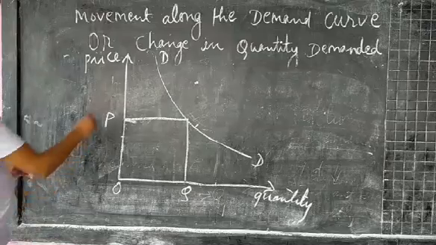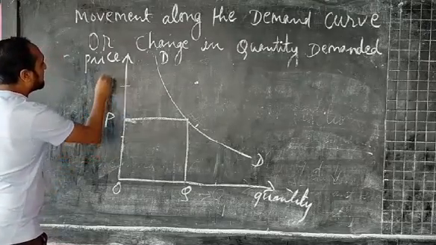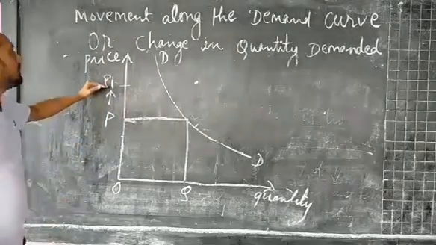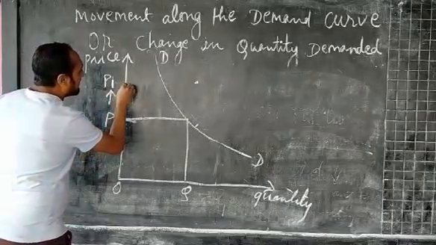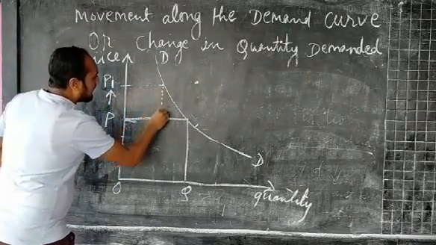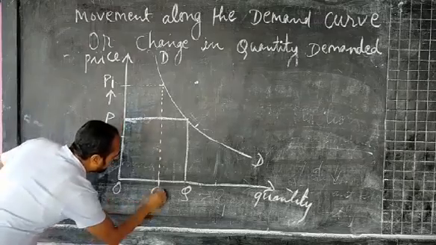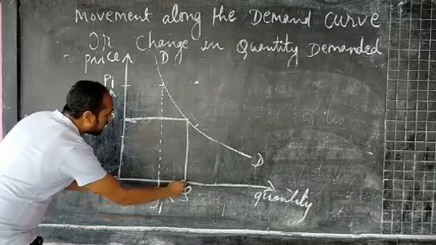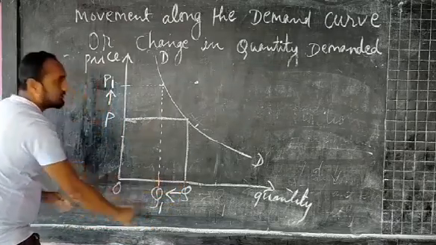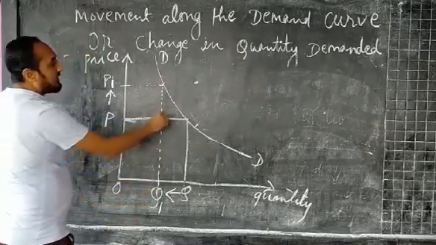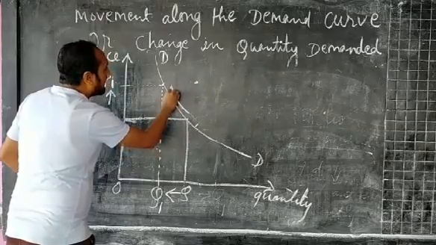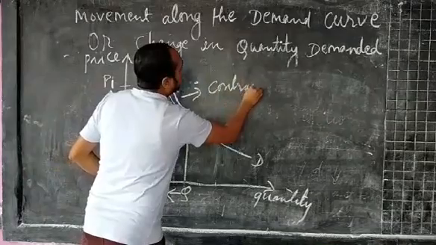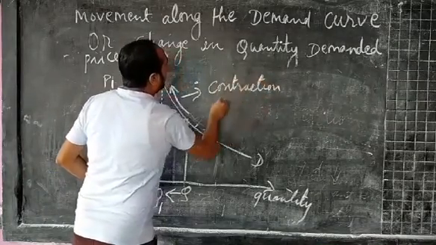Now if the price of a commodity increases from P to P1, this upward arrow shows the increase in price. We can see that the quantity demand of the commodity is decreasing from OQ to OQ1. So here the movement on the demand curve takes place in the upward direction. So this concept is known as contraction of demand.